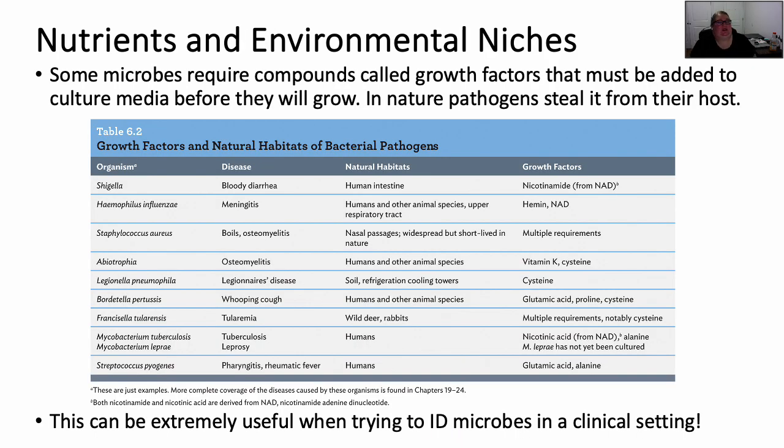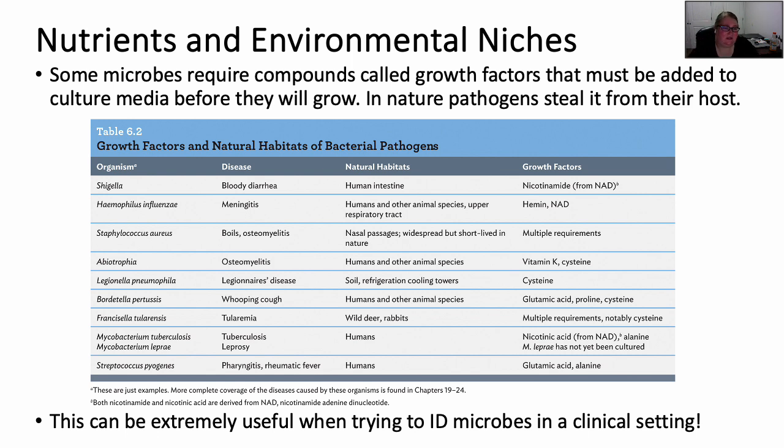So this brings us to nutrients and environmental niches. We saw in the case study at the start of the chapter that our Haemophilus influenzae needed specific growth factors in a plate in order to grow. They grew on the chocolate agar but not on the blood agar. So why is that?